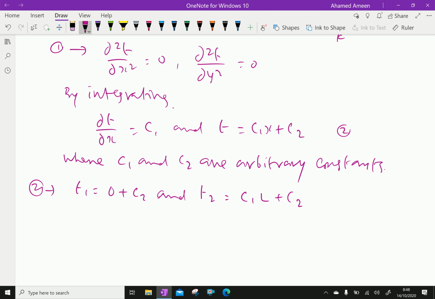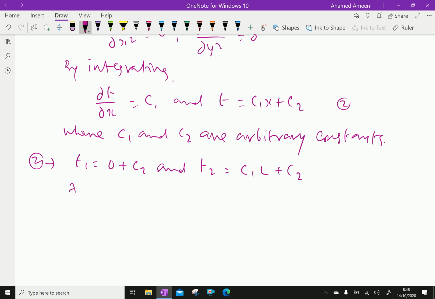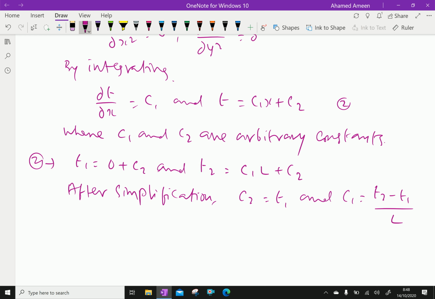After simplification, we get C2 equals T1 and C1 equals T2 minus T1 by L.